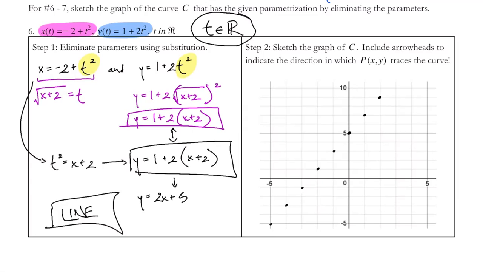And they would all be along this line, okay? And so it's all real numbers, so I can go ahead and just connect everything.